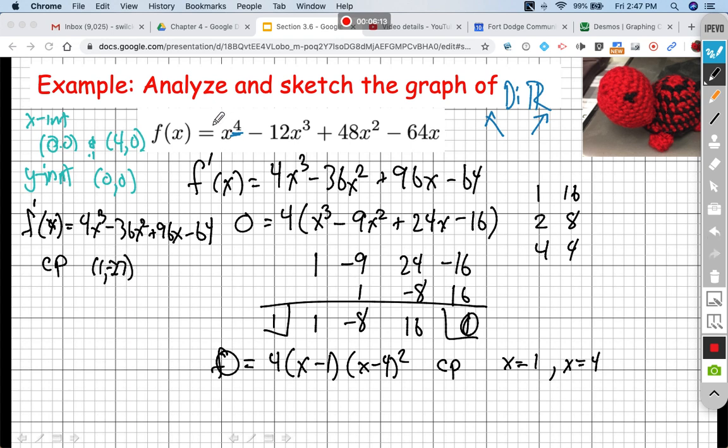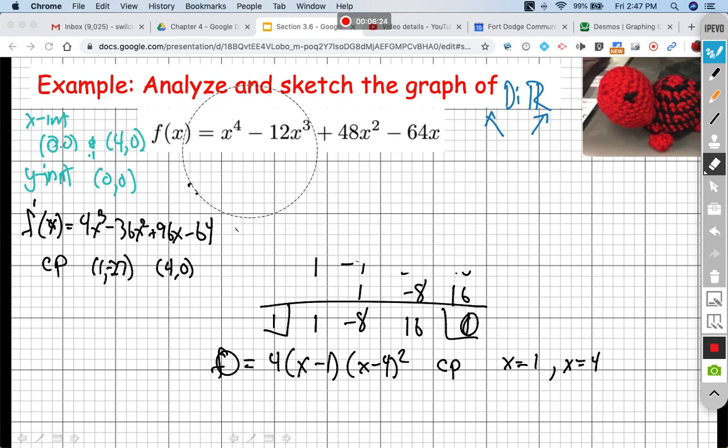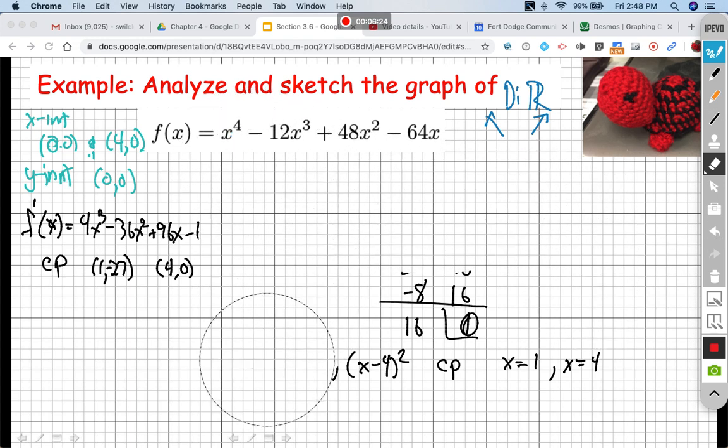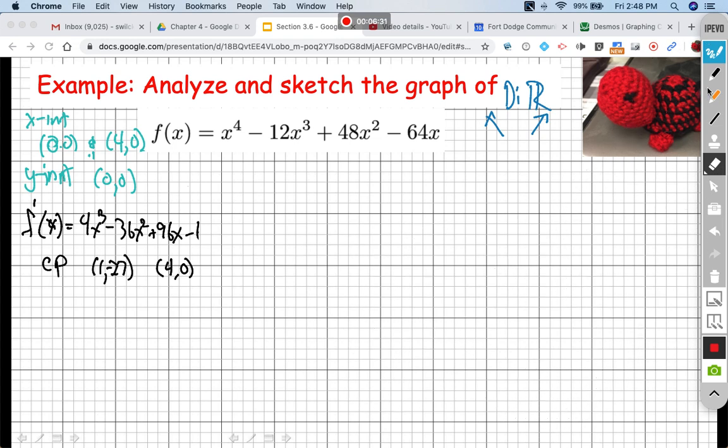So again, I'm just plugging into this equation to find my y-coordinates. At 4, well, 4 is an x-intercept, so that's 4, 0. That's kind of nice. So let's clear off some space again.